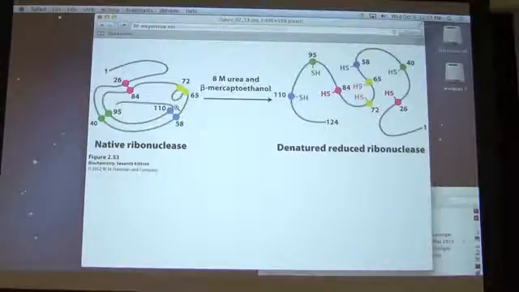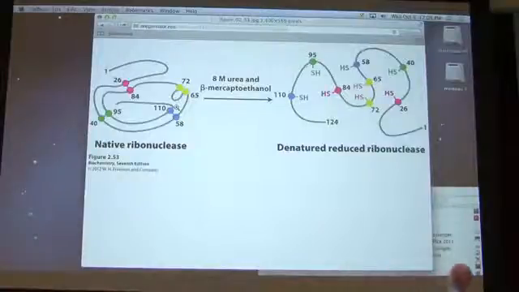When you do that, you have done what we call denaturing of a protein. We have denatured it. You can think of denatured as unfolding. And a denatured protein is inactive. This protein on the right, the denatured, reduced ribonuclease, will not, in fact, catalyze the breakdown of RNA.